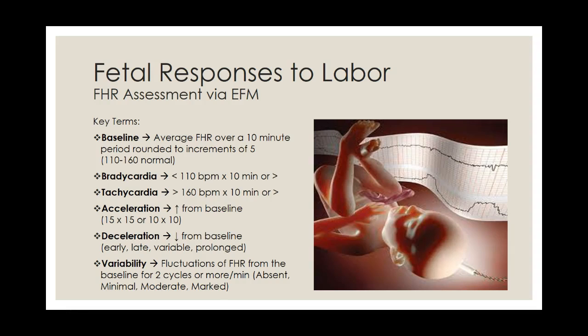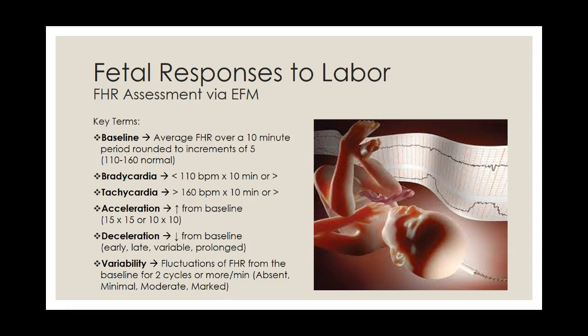Variability is fluctuations of the fetal heart rate from the baseline for 2 cycles or more per minute. And we measure variability in terms of absent, minimal, moderate, or marked.